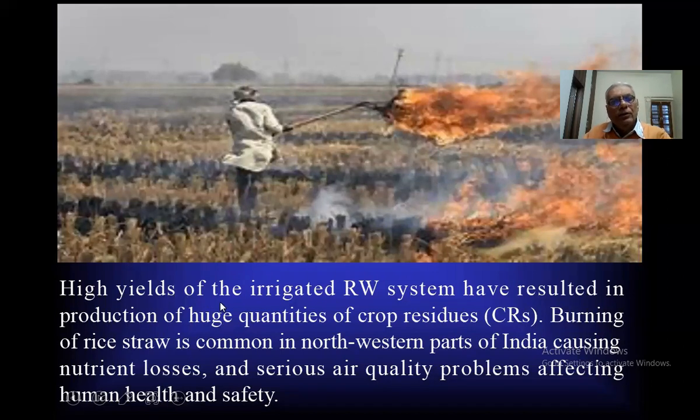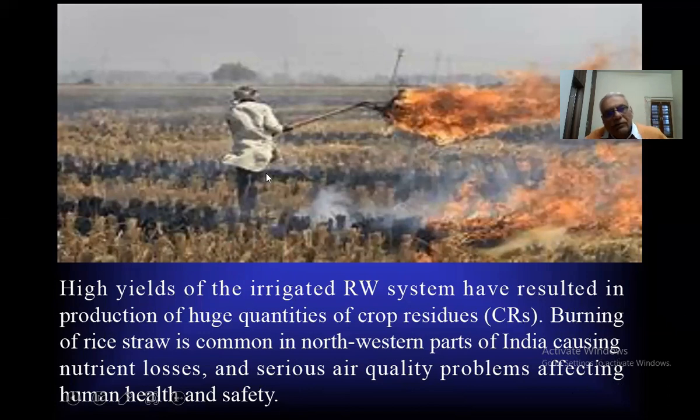The irrigated rice and wheat system has resulted in production of a huge quantity of crop residue. We have shown rice and wheat. Burning of rice straw is common in northwestern parts of India, causing nutrient losses and serious air quality problems affecting human health and safety.